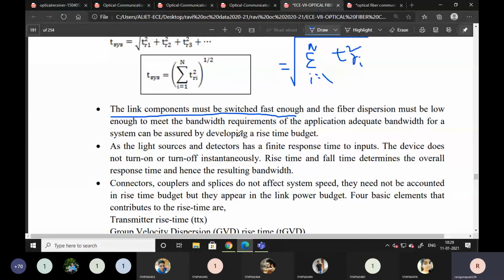Adequate bandwidth for a system can be assured by developing the rise time budget. By analyzing the rise time, we get the required bandwidth, and we can reduce the dispersion. That analysis is nothing but the rise time budget.